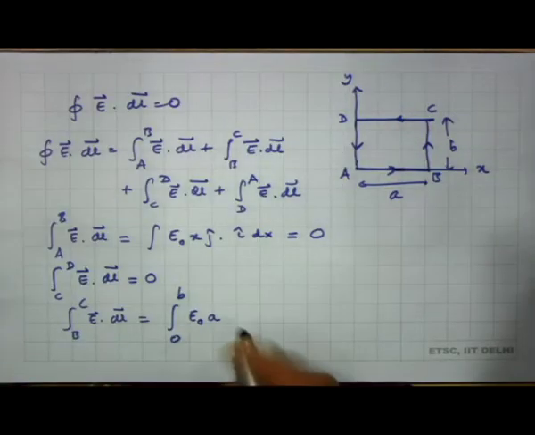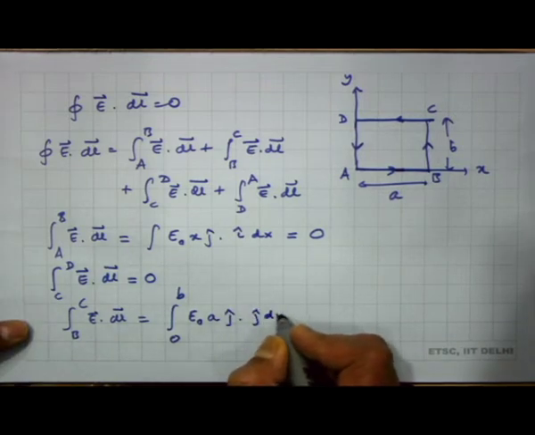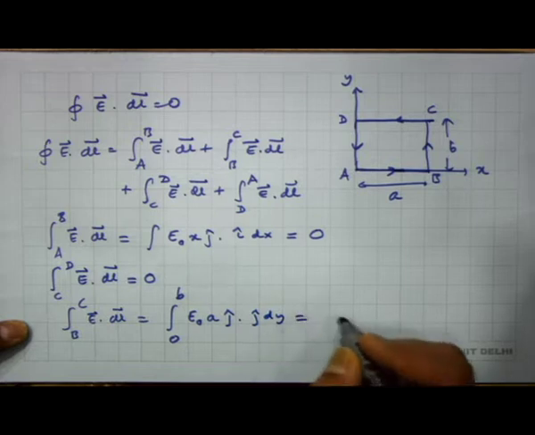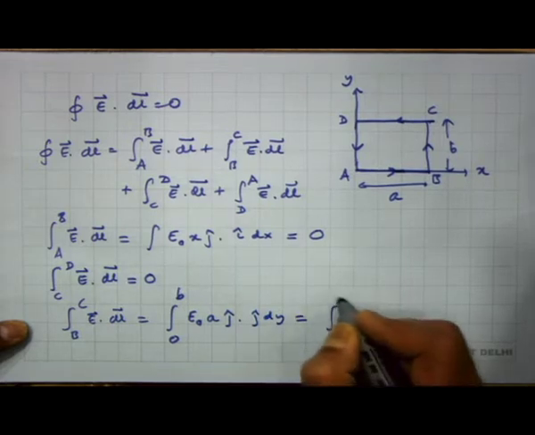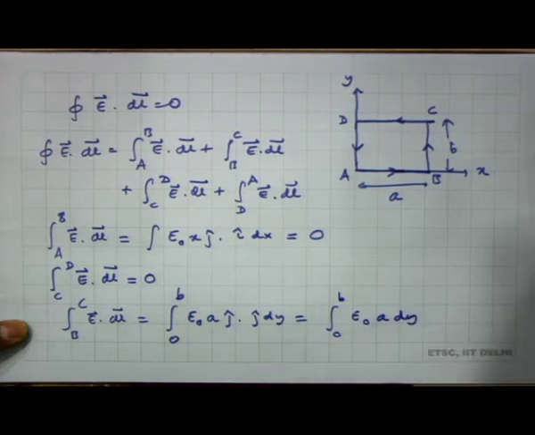So, E naught a j cap dot j cap dy, which is equal to integral 0 to b of E naught a dy, and E naught and a are constant. So, this is nothing but E naught times a b.